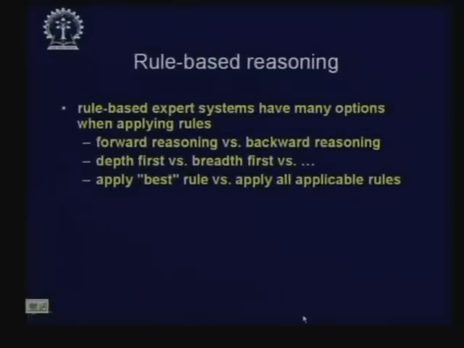Now, as we know, rule based expert systems have many options when applying rules. At the beginning of this lecture, I mentioned forward chaining and backward chaining, also known as forward reasoning and backward reasoning. In forward reasoning, we start from the available facts and try to arrive at the goal.